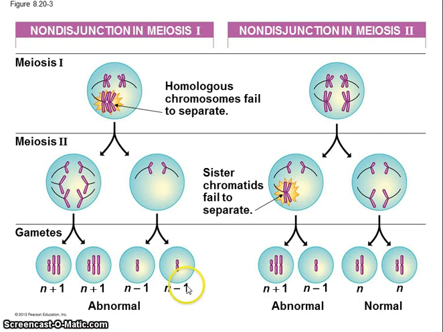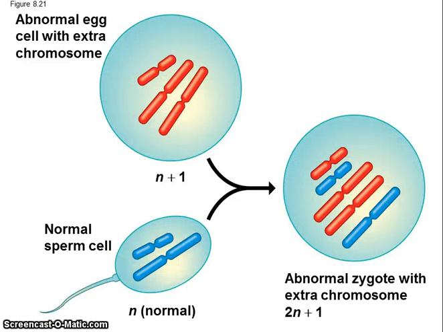Here's non-disjunction, showing a couple ways that it can occur. It can either occur in meiosis 1 or meiosis 2. Depending on which it occurs at, you might have some that are normal, or they'll all be messed up. So this shows an egg with an extra copy of a chromosome, so then they would be called diploid plus 1 extra. 2 copies of each chromosome plus 1.